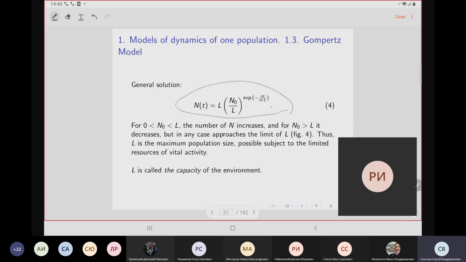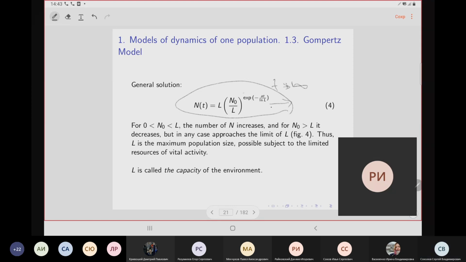So finally, let us examine function 4. We are interested in what's going on when time is going to infinity. Let's try to understand what will happen.